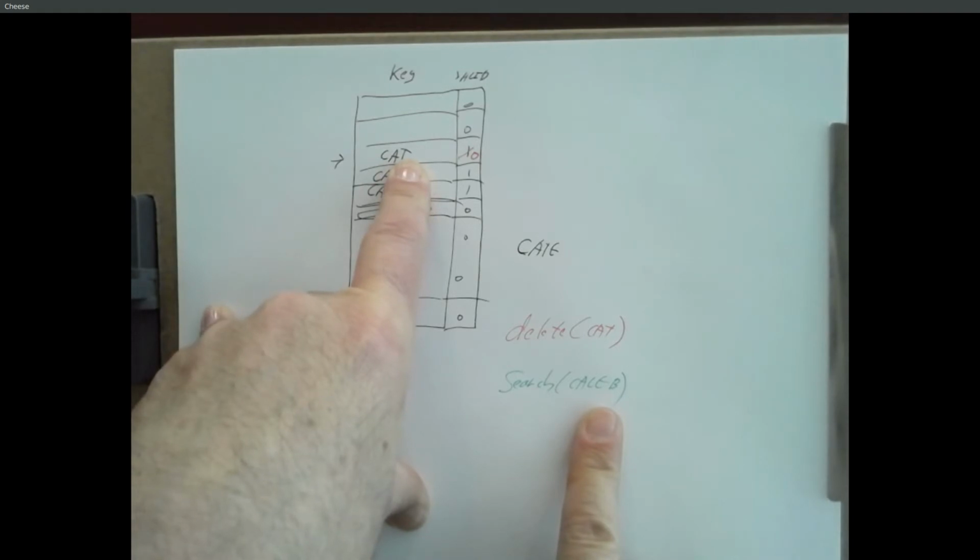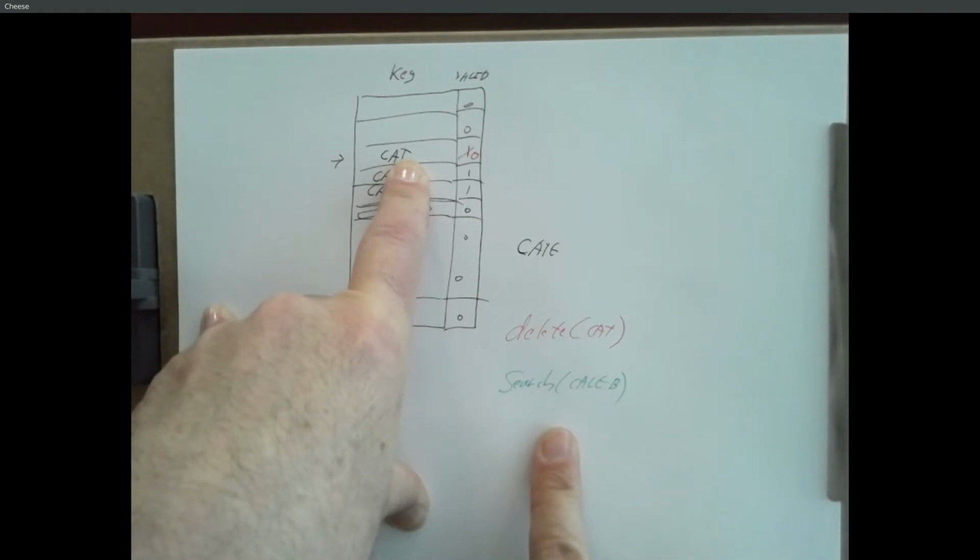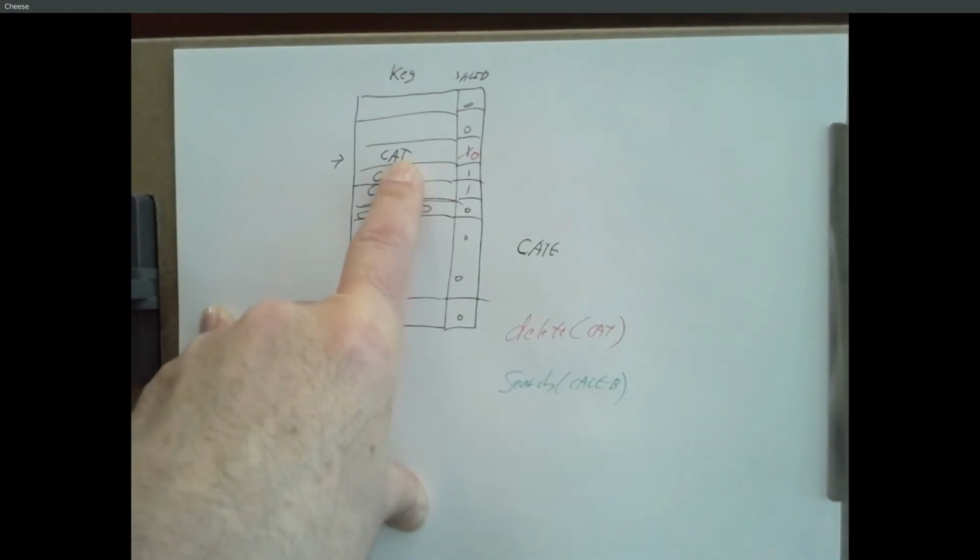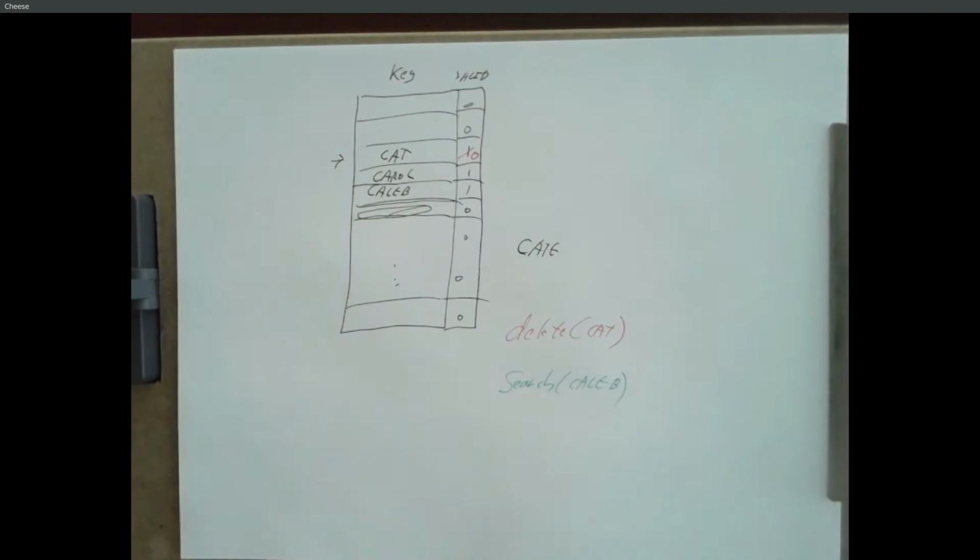We might say, I guess Caleb's not in the table, because this spot is empty. If Caleb was here, we would have stored it right here. That's not a valid conclusion, because when we tried to store Caleb, there was somebody in here. It's empty now, but in the past it was not empty, so we need another flag.